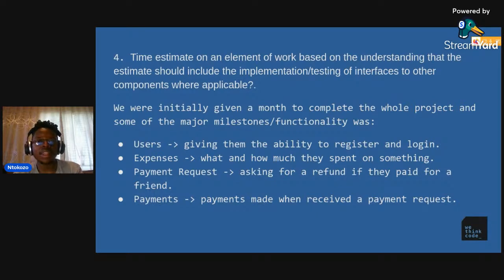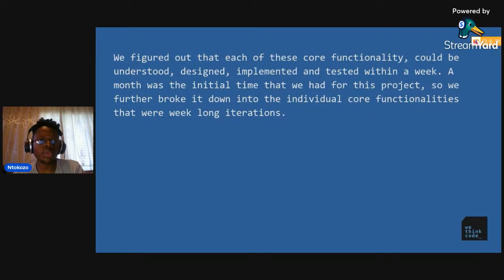We were initially given a month to complete the whole project, and some of the major milestone functionalities were users, giving them the ability to register and log in, expenses, what and how much you spent on something, payment request, asking for a refund if you had paid for a friend, payments, payments made when received a payment request. We figured out that each of these core functionalities could be understood, designed, implemented, and tested within a week.